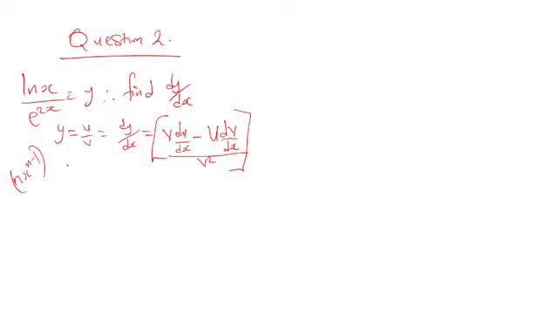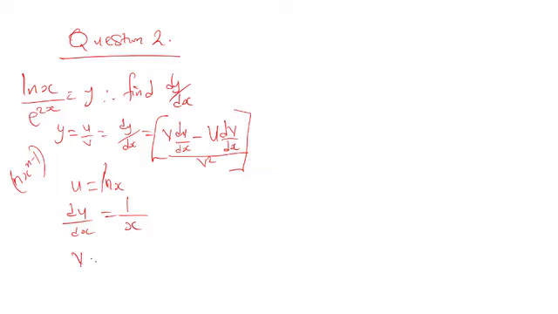So let's start. From this, we know that our u is equal to ln x. So du/dx of ln x is 1 over x. We proved it in our previous lesson that the differential coefficient of ln x is 1 over x.